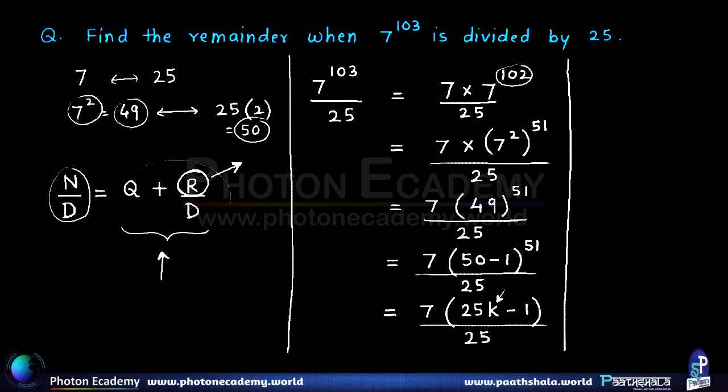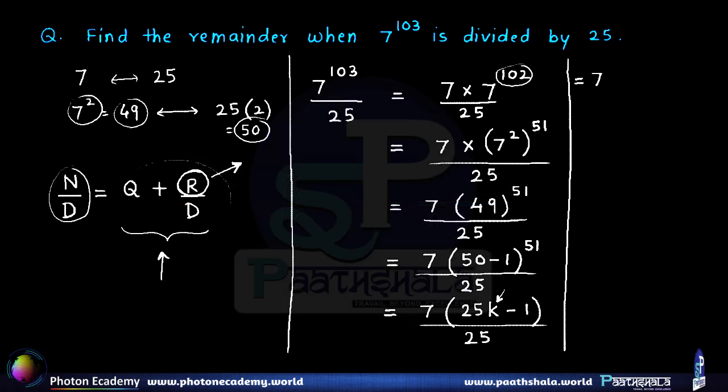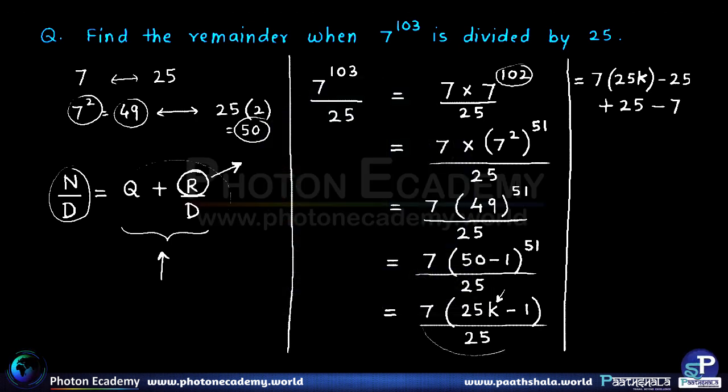So we write 7 into 25k, then to this we first subtract 25, therefore we have to add 25, and then we subtract 7, because it is a product of 7 and this minus 1, and this whole thing is divided by 25.